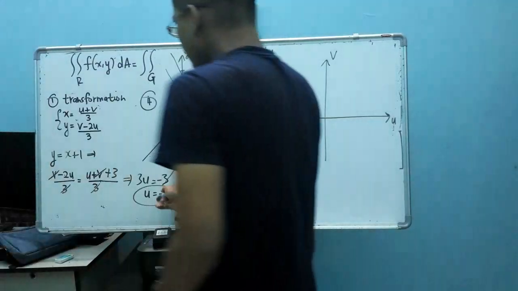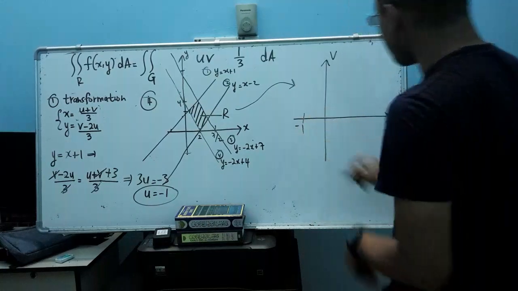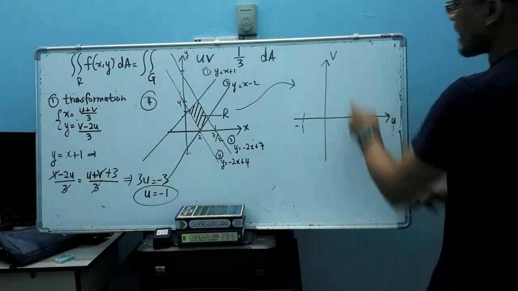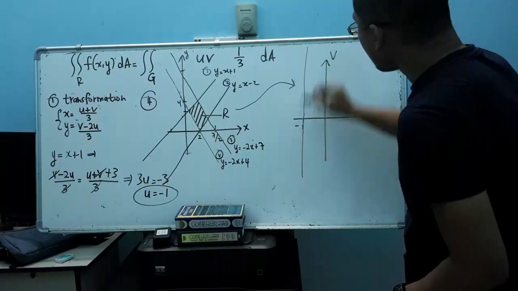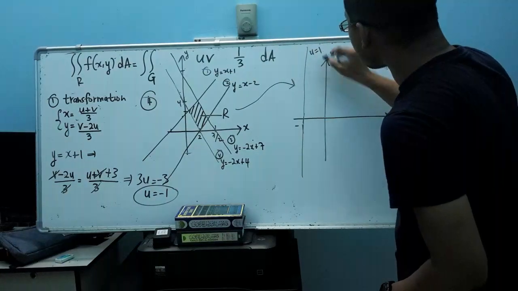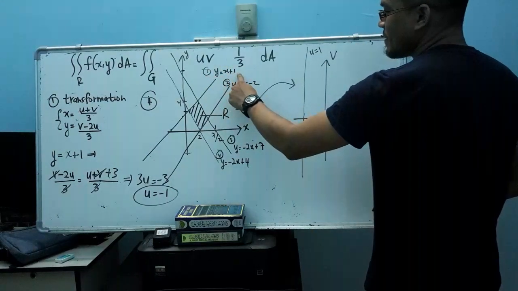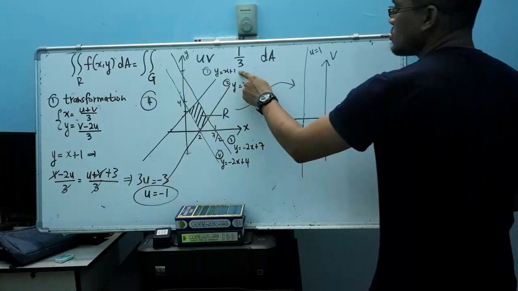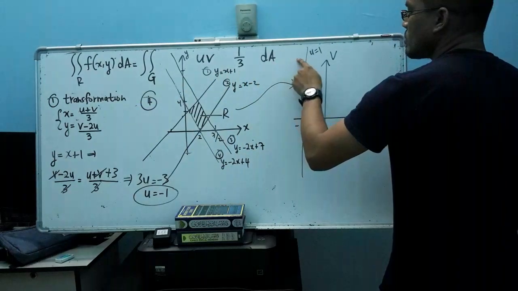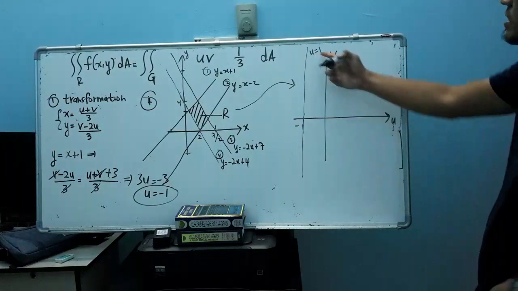What is the meaning of u equals minus 1? Since this one is the u axis and this one is the v axis, I will have this part. So under this transformation, this line will transform into u equals minus 1 in the UV plane. So this is the first one.